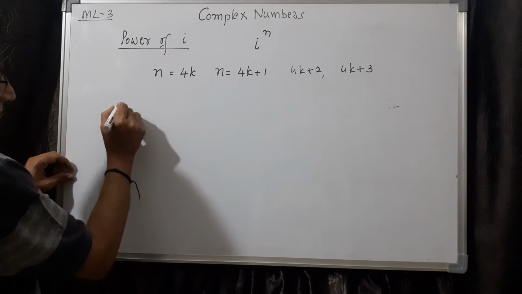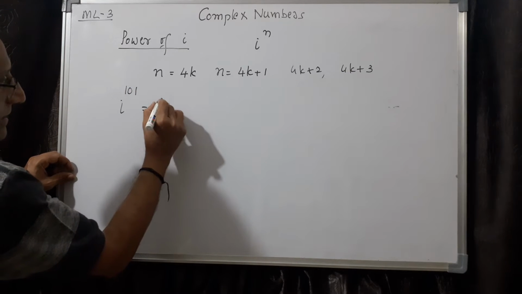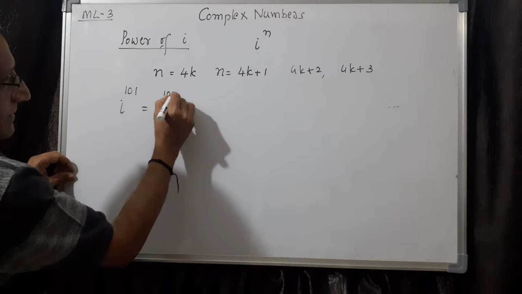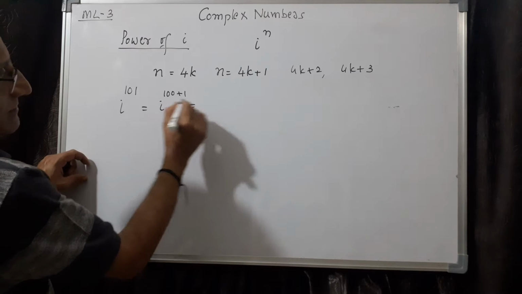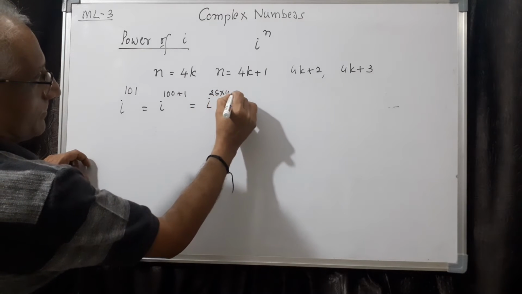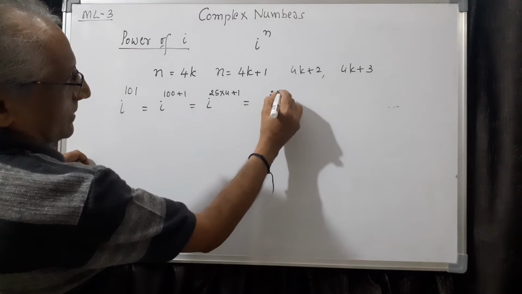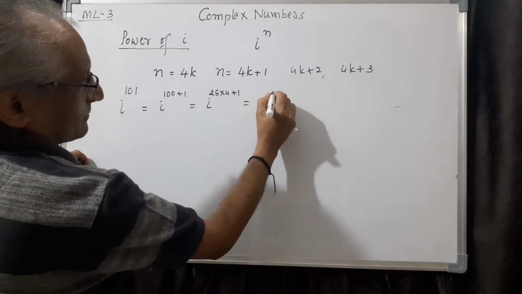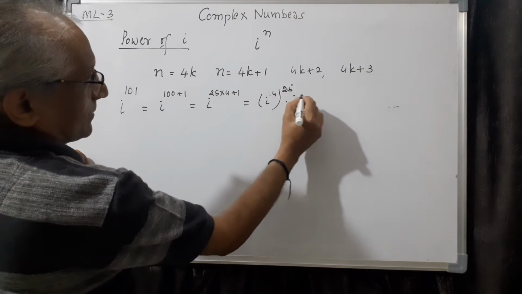Say for example, if I take i to the power 101, here I can write this as 100 plus 1. So this is i power 25 into 4 plus 1. So this is actually, you can write this way, i power 4 to the power 25 into i.